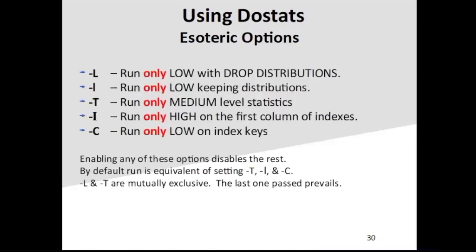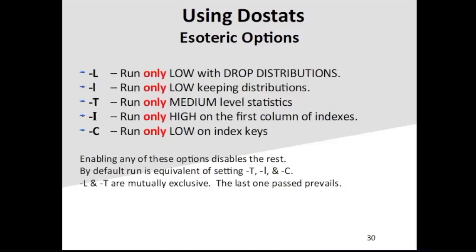Okay. These options let you take complete control of what Dostats is doing. If you include any of them, Dostats doesn't do anything else, with whatever exceptions are here on the slide. So if you do dash capital L, it runs only lows with drop distributions first. And if you do dash lower l, it does only lows but doesn't do the drop distributions part.